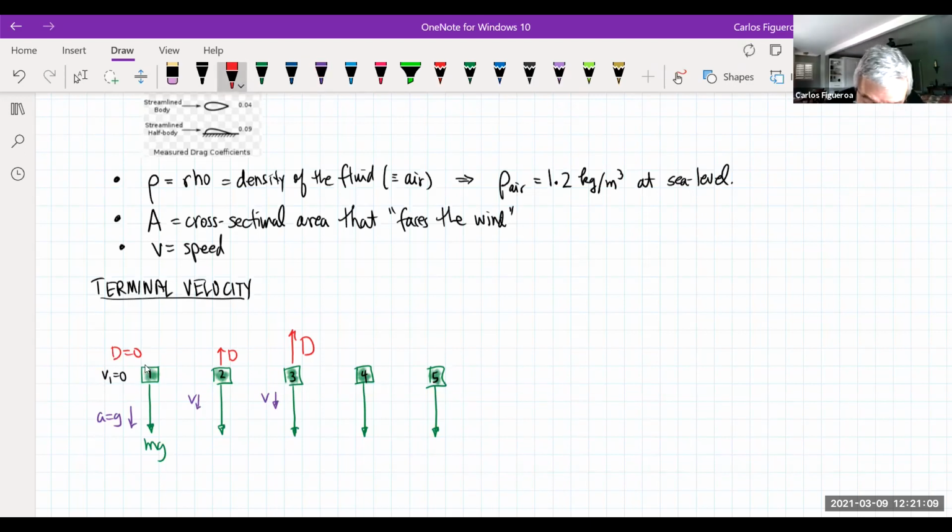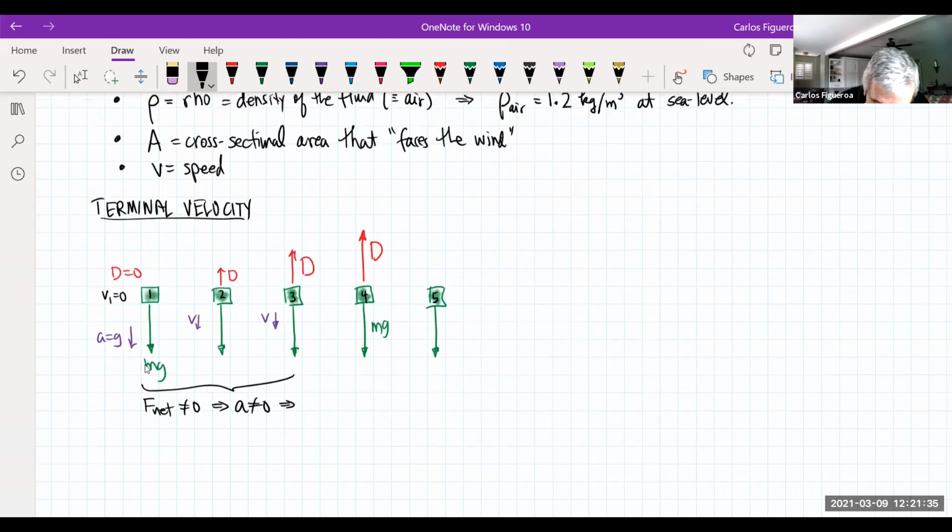And then there's a magical point where the air drag is equal to mg. From here to here, there's a net force that's not equal to 0. Therefore, the acceleration is not equal to 0. Therefore, it must be speeding up, right? So it's speeding up.